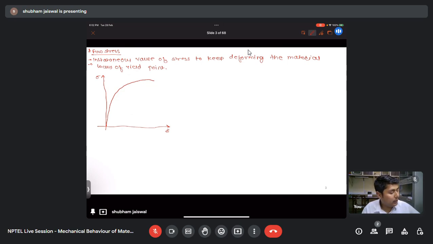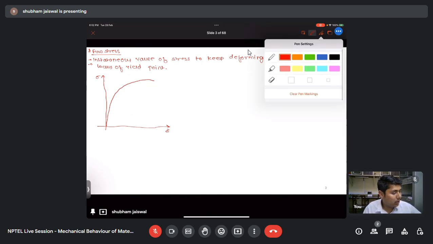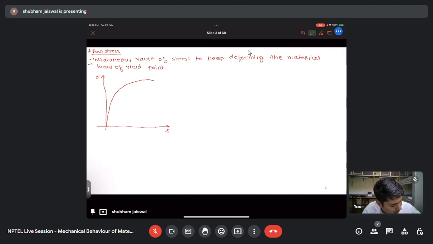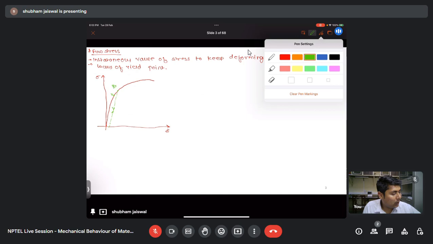Okay, let's say this is our stress strain curve. So this is our yield strength. If we load the material above its yield strength and we unload it, it will follow this path. Let's say this is yield strength 1. Now if we again load it, it will follow that green path, the second path.